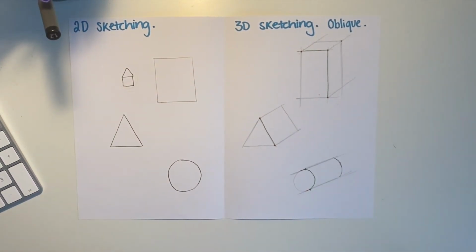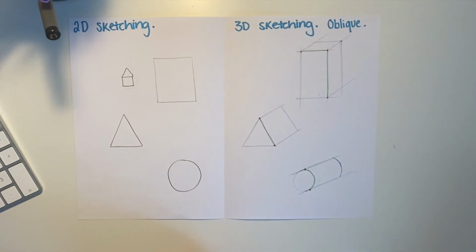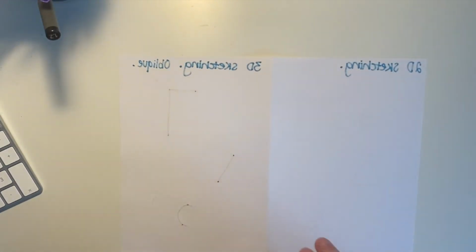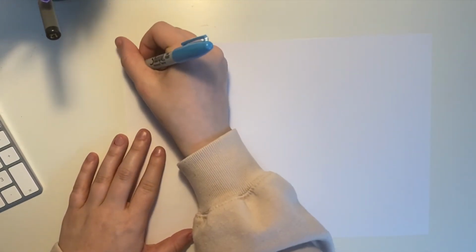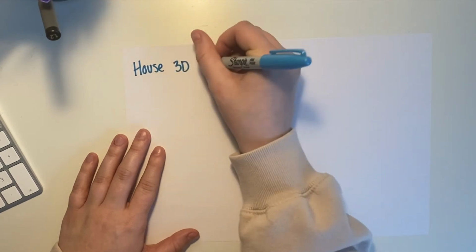So now what we're going to do is attempt our little house. So what we need to do first is, I'm going to turn my bit of paper around, do the other side. So I'll start on a new bit of paper actually. Draw house 3D sketch.